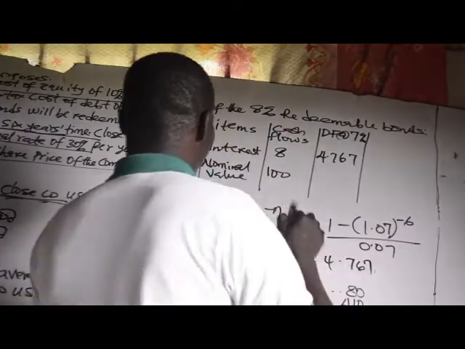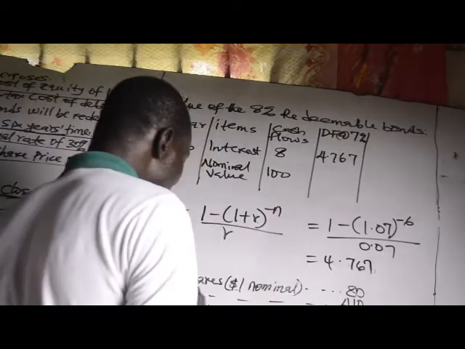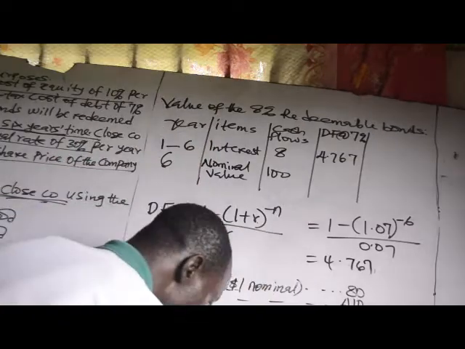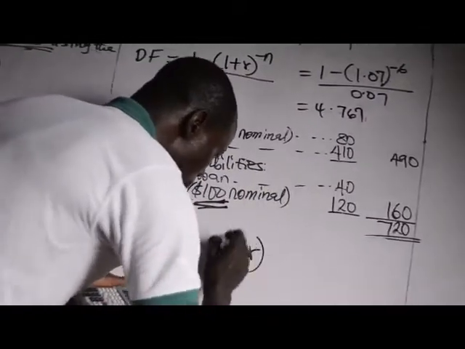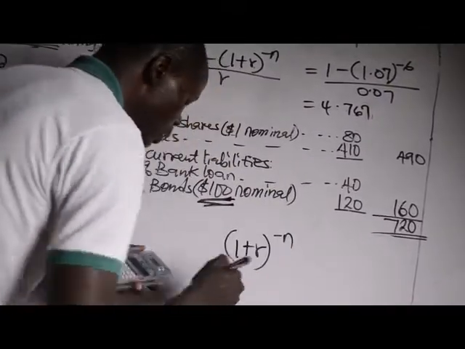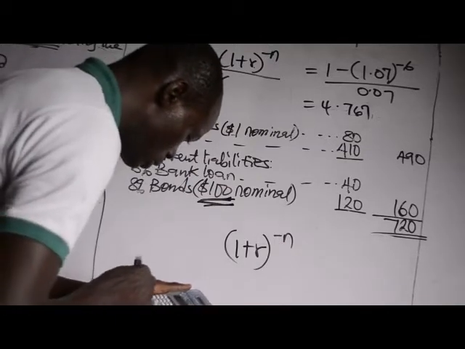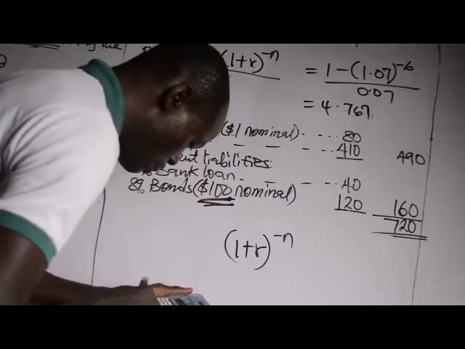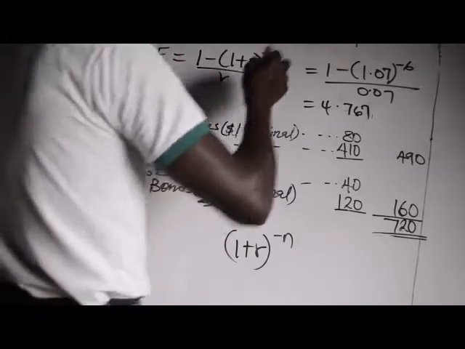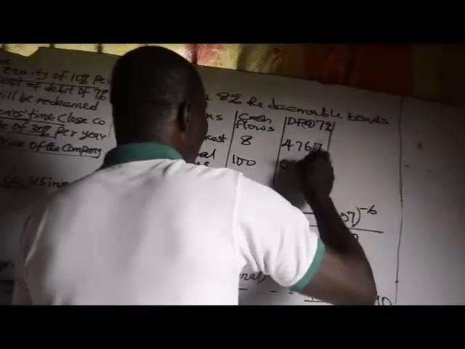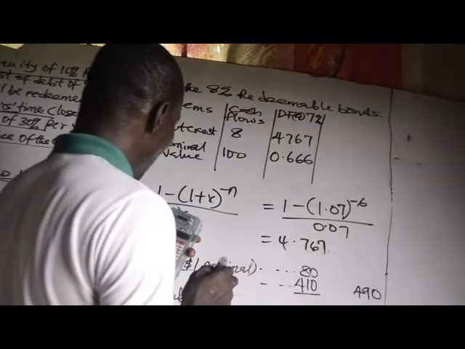In the 6th year, for year 6 alone, you are going to use the present value of compounding, 1 plus R raised to power minus N, where R still remains 7% and N is 6. So 1.07 raised to power minus 6 gives us 0.666 for year 6 alone.